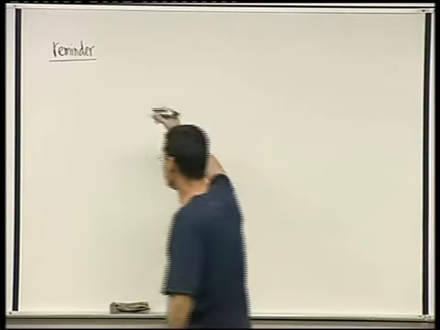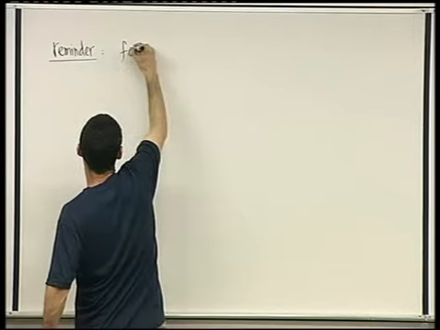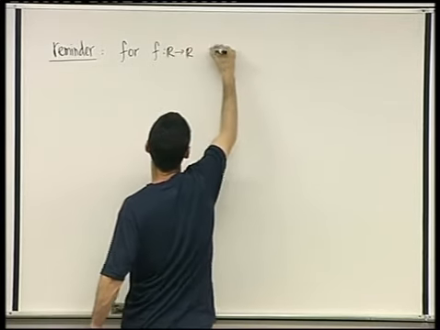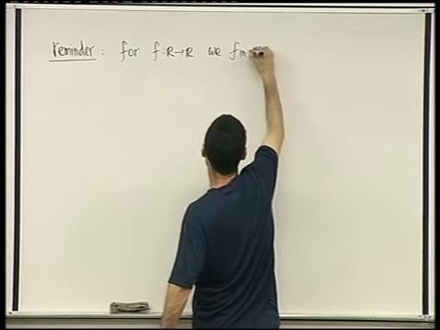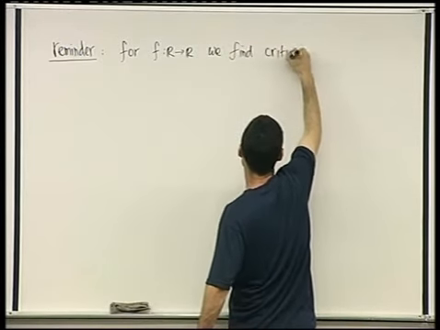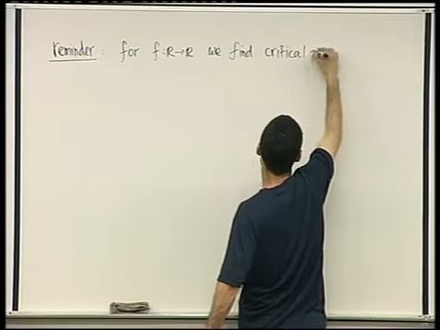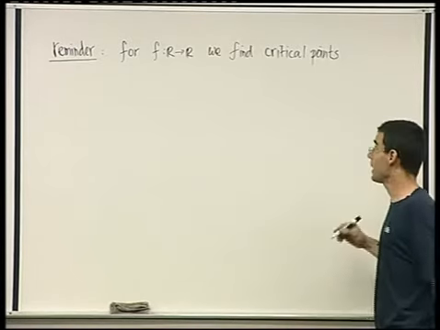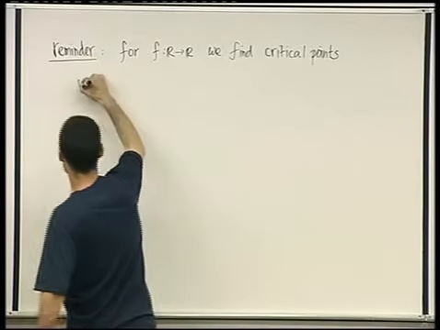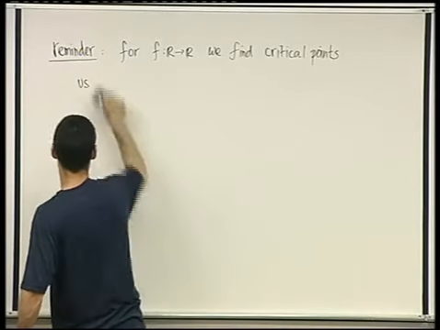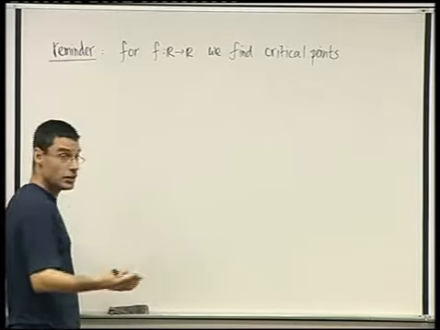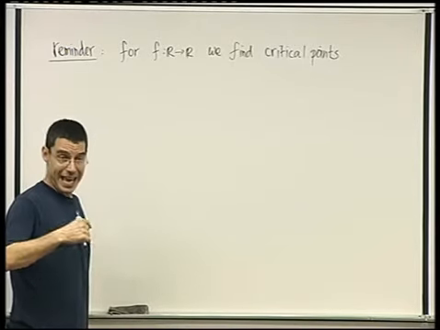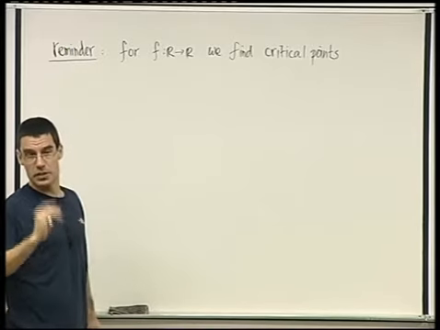So reminder, for f from R to R, single variable functions, we find critical points, points which are suspected as being minima or maxima, using Fermat's theorem. Fermat's theorem tells you that if the function is differentiable, then at minima or maxima, the derivative is 0.